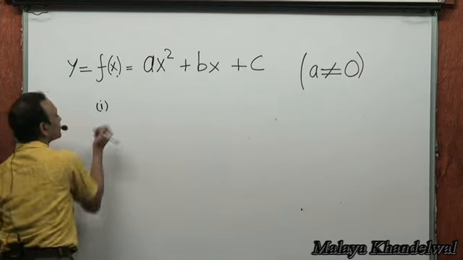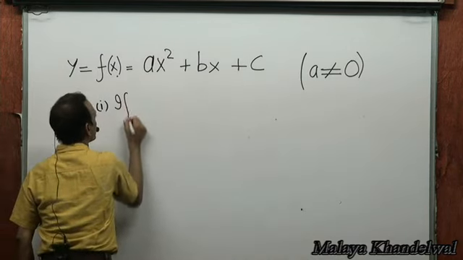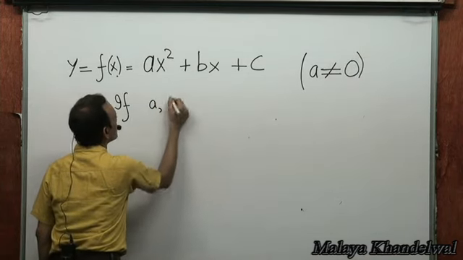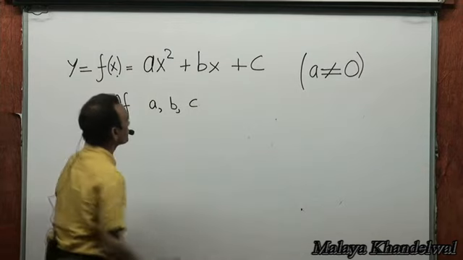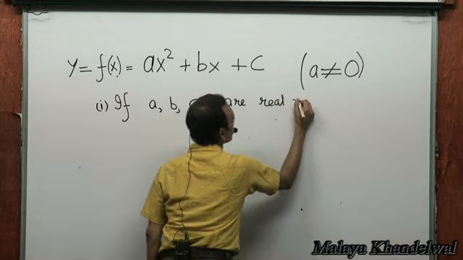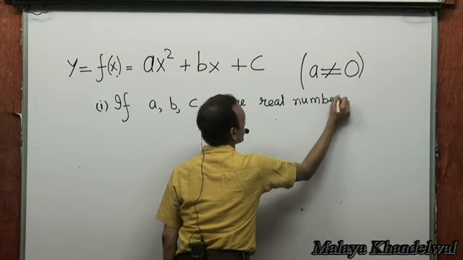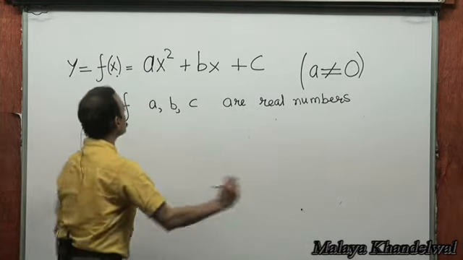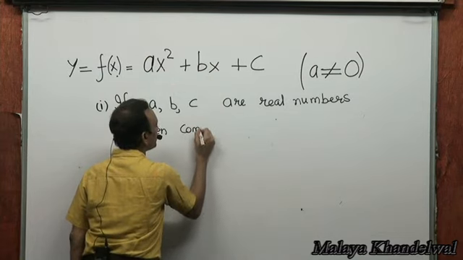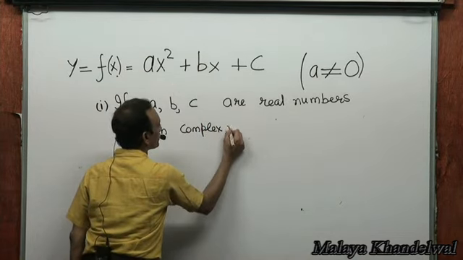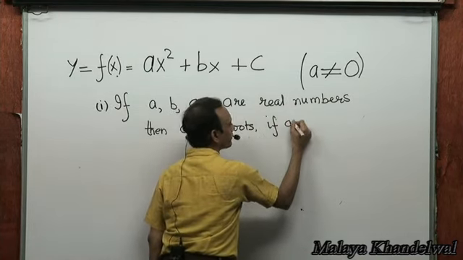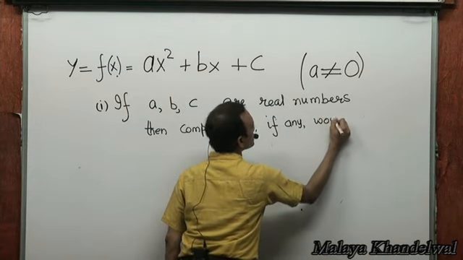One, if a, b, c are all real numbers, then complex roots, if any, would occur in pairs.